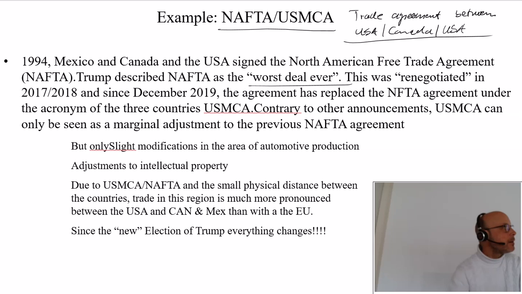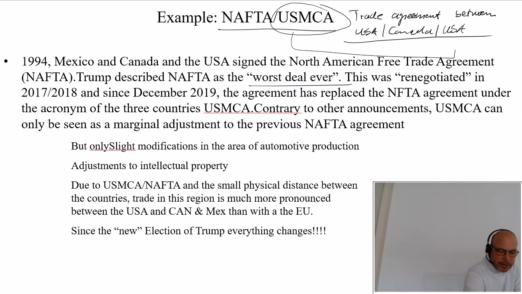Well, anyway, already in his first administration he wanted to change this trade agreement, but in the end it was only slightly changed. The trade agreement was then called USMCA. So here, United States, Mexico, and Canada.